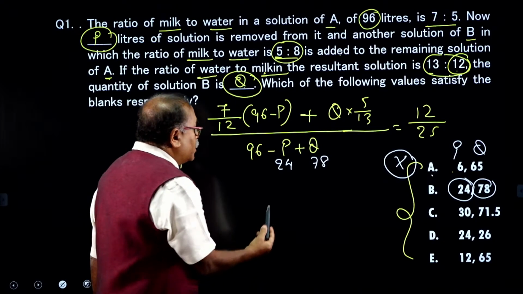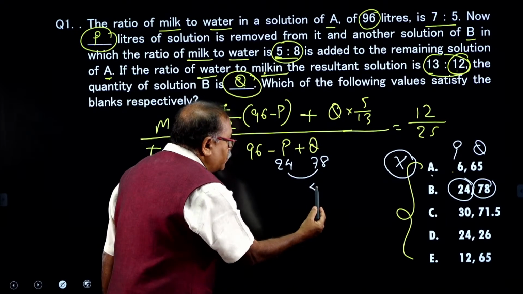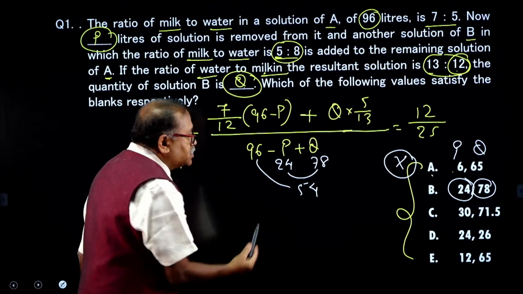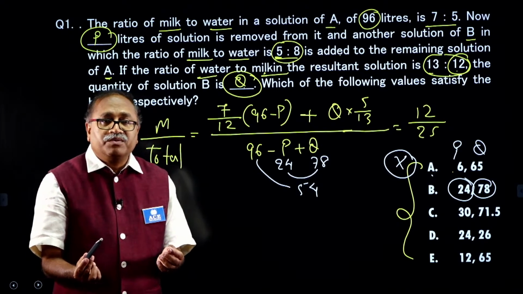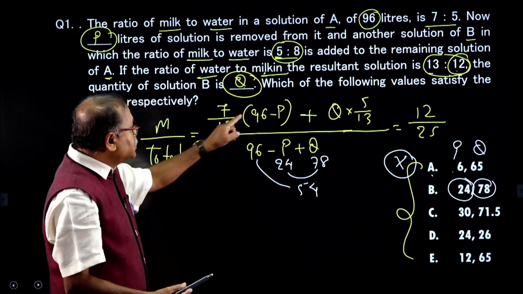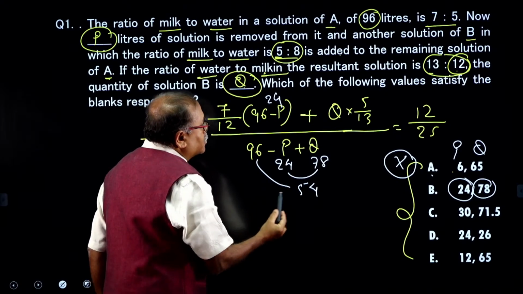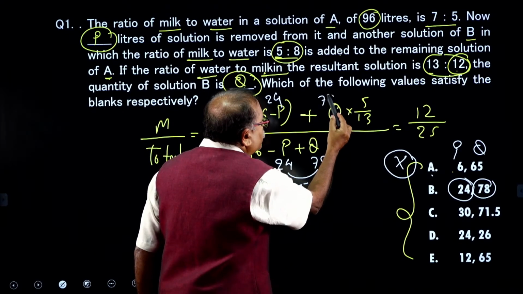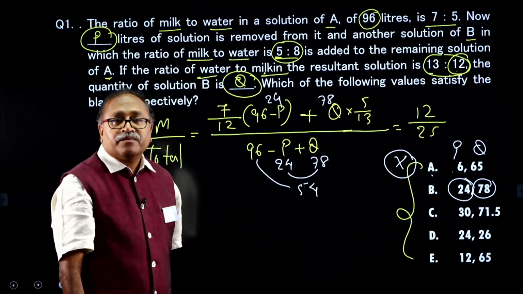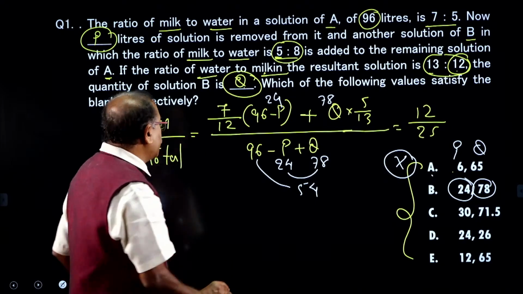What I will get is the difference over here is 4 and 5, and I notice that the sum of this is 150, which is multiple of 25. Therefore, I will place that P 24 over here and Q 78 over here. I know 78 is getting cancelled by 13. So, it seems that the second option is getting satisfied.